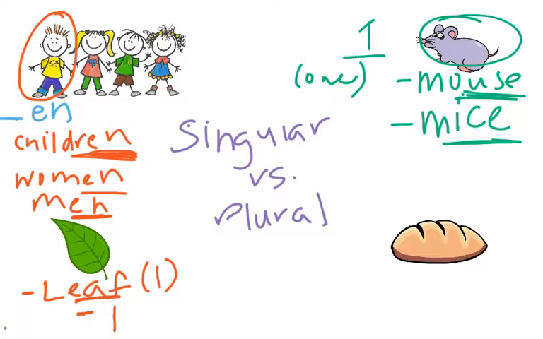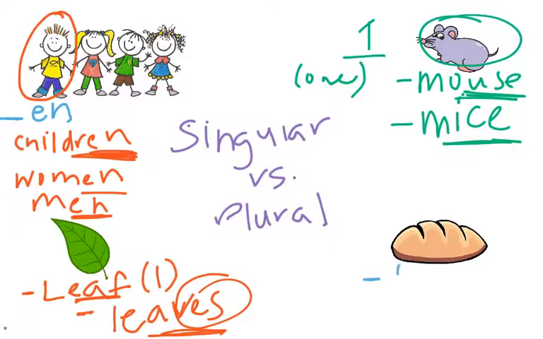We actually change it to leaves, with a VES at the end. How strange, right? But that's how it is. And usually for these, you will have to memorize these to be fluent when speaking and comprehending English when it comes to plural nouns.